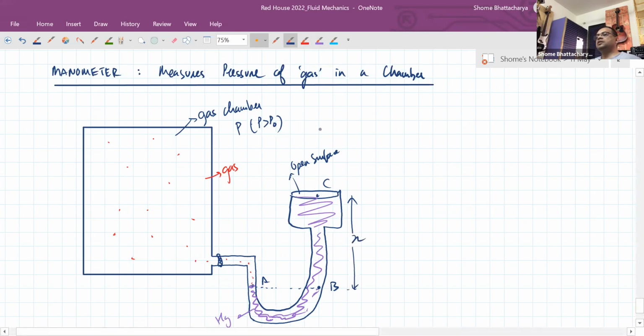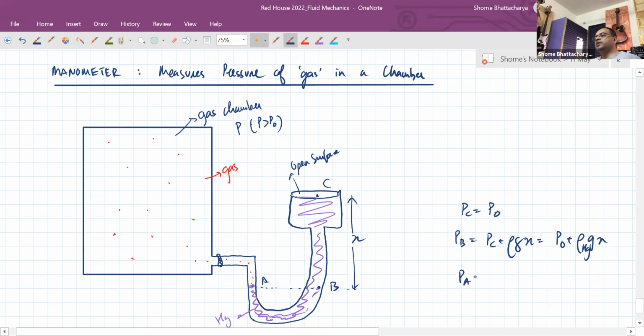So if this level difference is X, you can see that pressure at C is equal to atmospheric pressure. Pressure at B is therefore atmospheric pressure plus density of mercury into G into X.